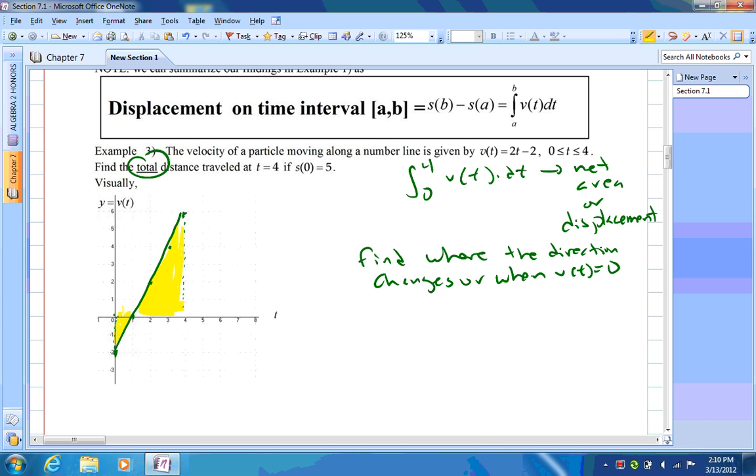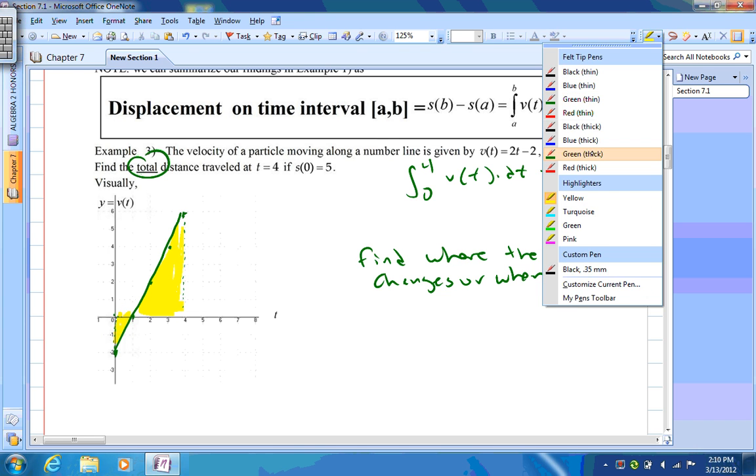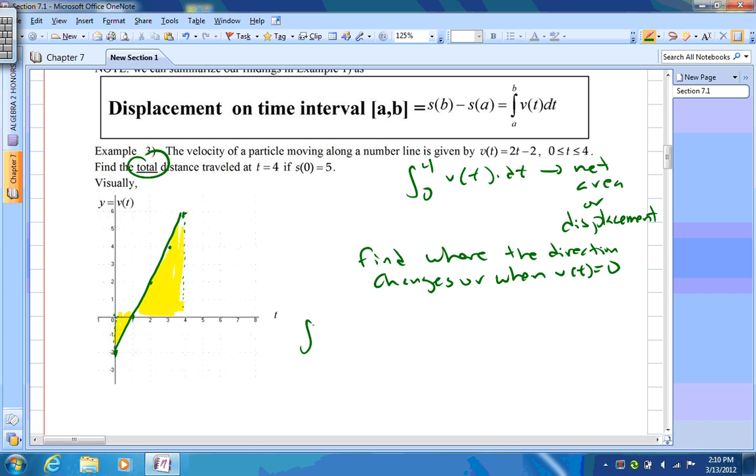So what we need to do is make two separate integrals. We can go from 0 to 1, because v of t is going to equal 0 at time t equals 1. So I can integrate from 0 to 1.